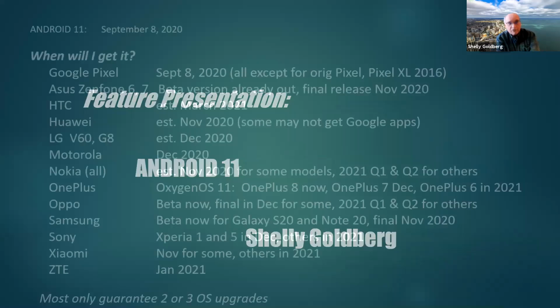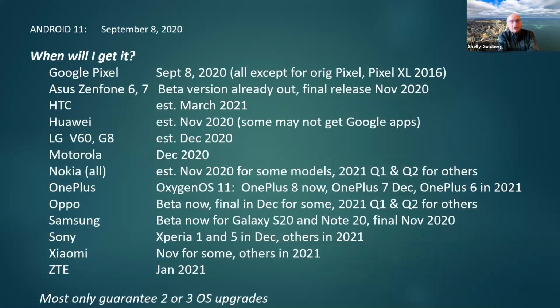So as far as Android 11 is concerned, Android 11 was introduced on September the 8th of this year. It had actually gone through beta, I believe it was out in June in beta, and was officially released in September.